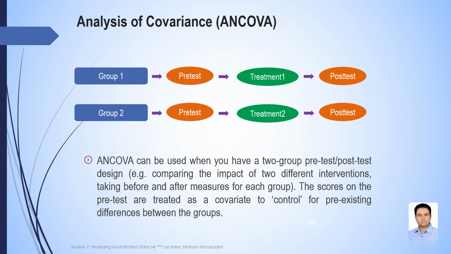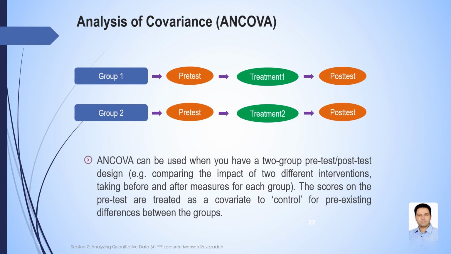For example, comparing the impact of two different interventions, taking before and after measures for each group. These scores on the pre-test are treated as a covariate to control for pre-existing differences between the groups.